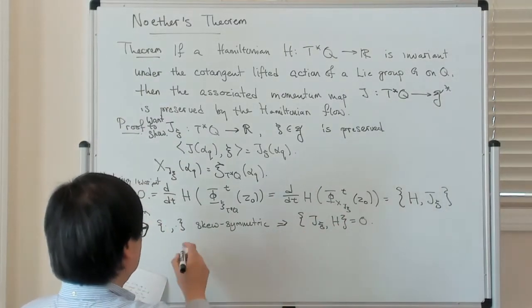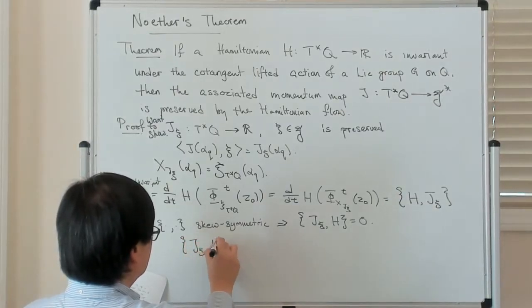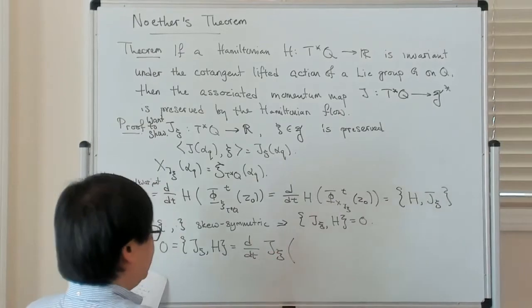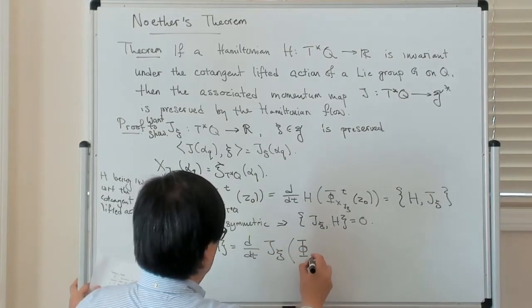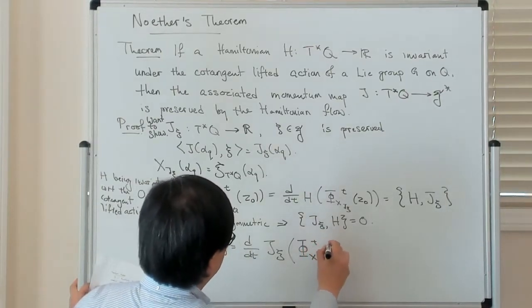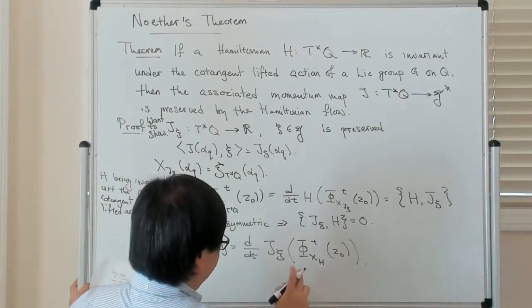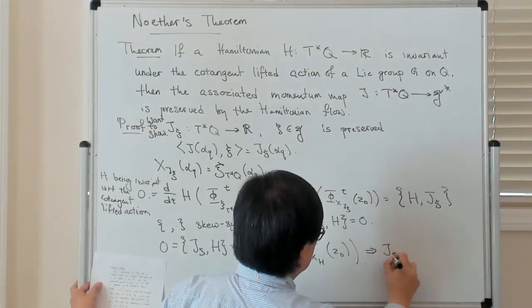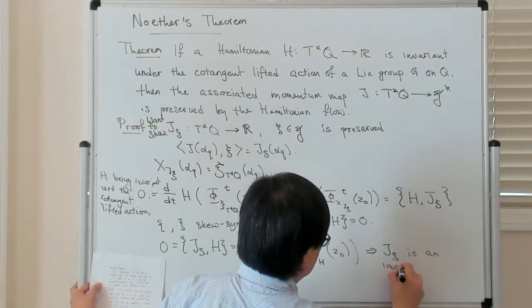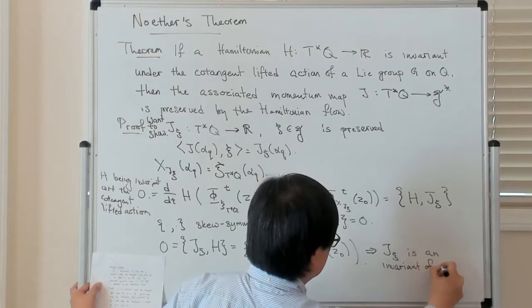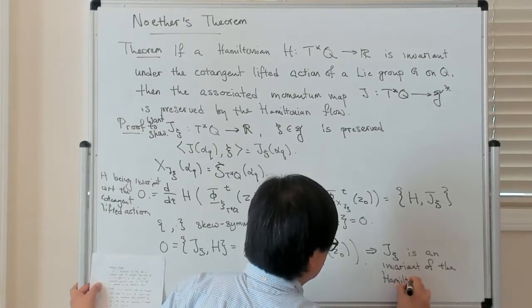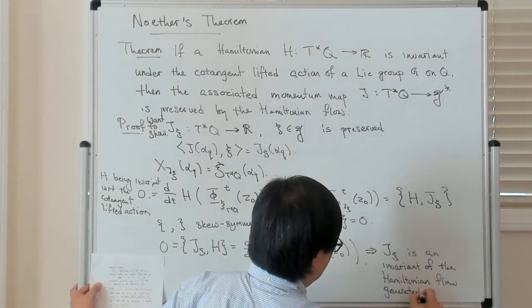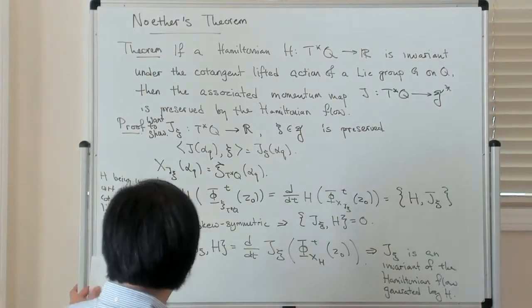This bracket is equal to the time derivative of J_C evaluated along the solution flow of the Hamiltonian vector field generated by H. And this is of course saying that J_C is an invariant of the Hamiltonian flow generated by H.